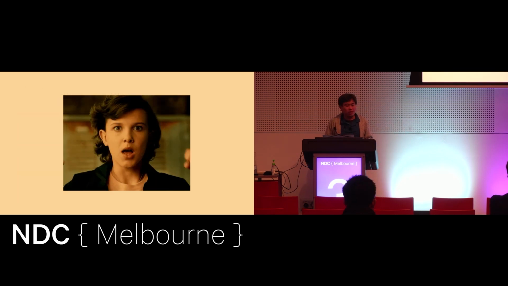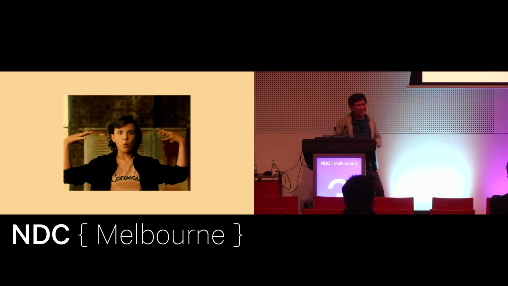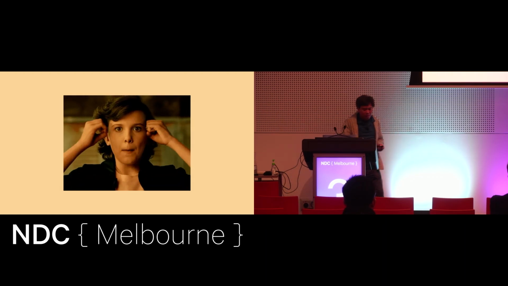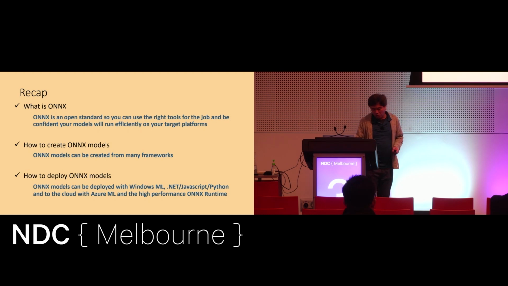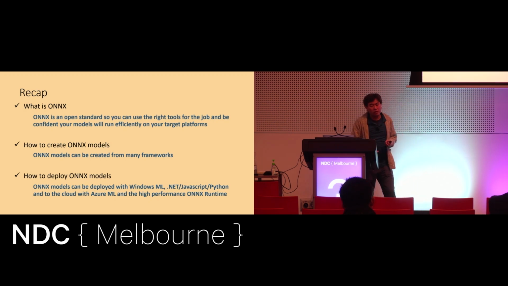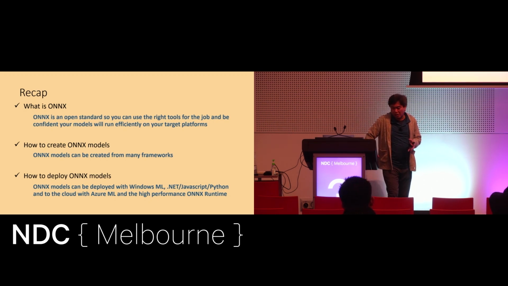And it feels like this after talking about these technologies, right? So just to recap what we've done so far, we did talk about what is ONNX. It's an open standard. It's the right tool for the right job, right?